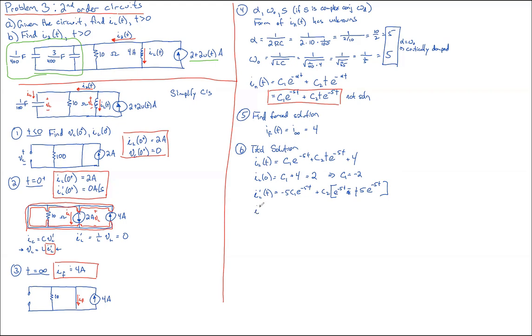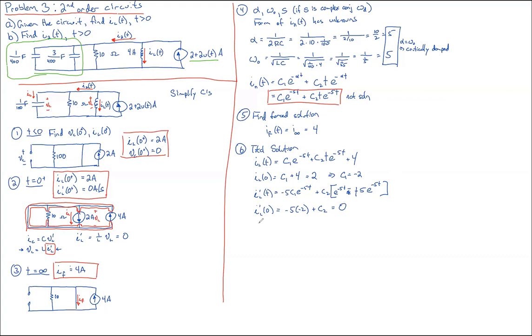And this derivative at 0 is equal to, plug in 0 for t, and we get minus 5 C1. But we already know what C1 is, it's equal to -2. And over here, when we plug in 0 for t, this goes away entirely, and we're just left with C2. We know from our initial conditions down here that the derivative has to be equal to 0 at 0.